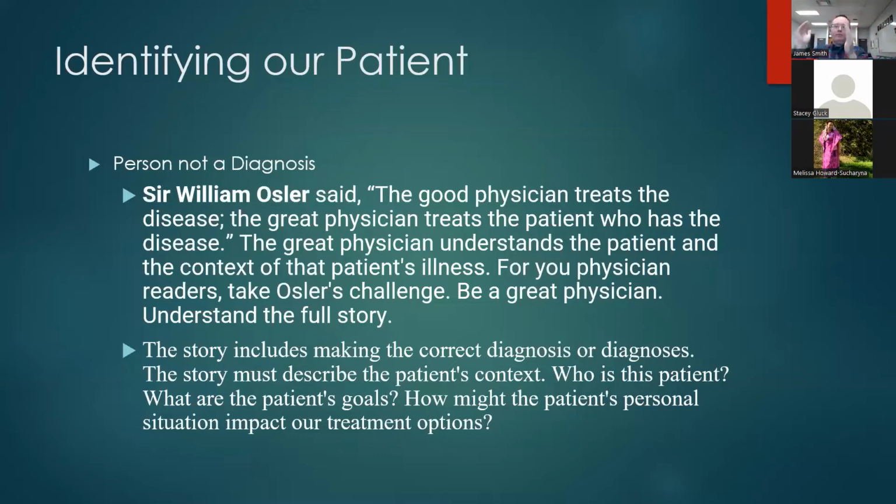But we also have to have a place in our psyche where we see that this is an individual, this is a person. The great physician understands the patient in the context of that patient's illness, and understands the full story.